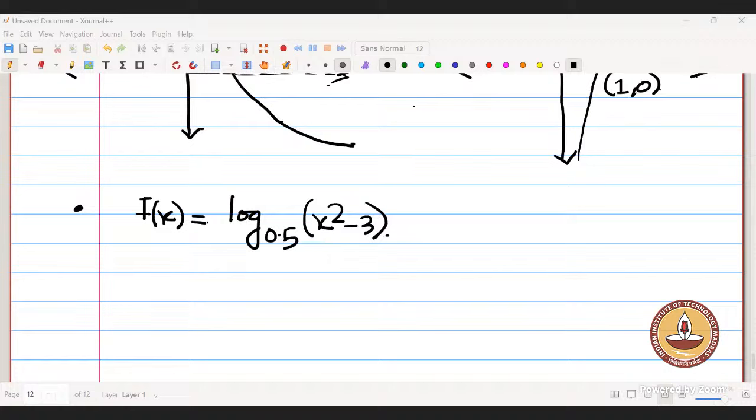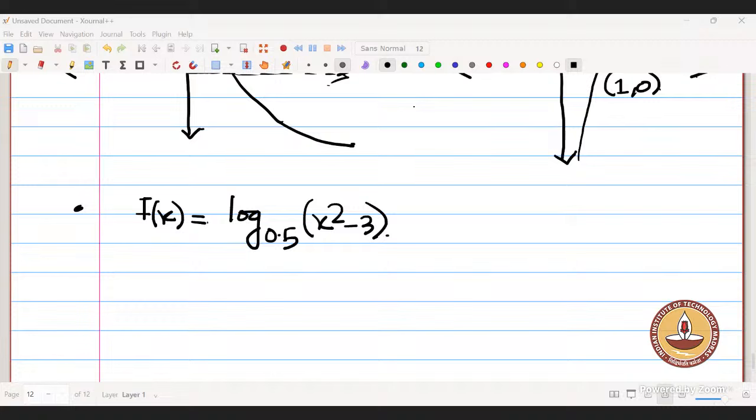Infinity. Real numbers, sir. Real numbers. Why? 2 to infinity, I think. x square minus 3 should be greater than 0. Correct.